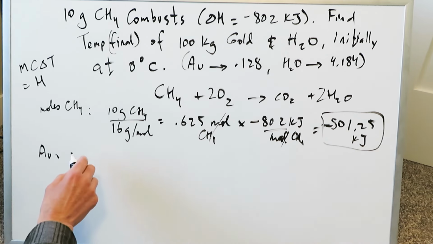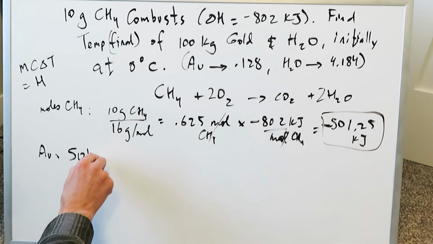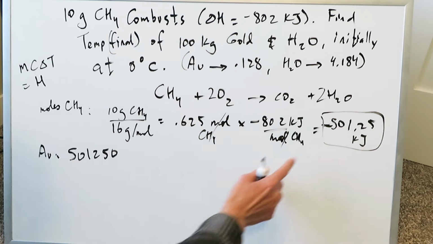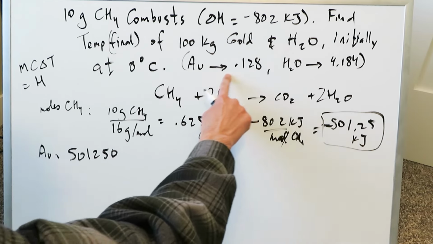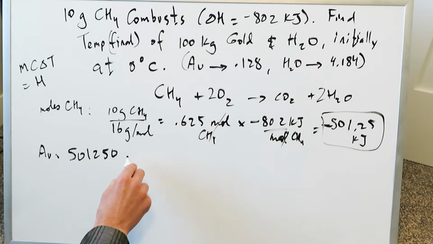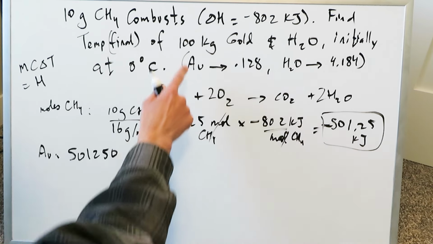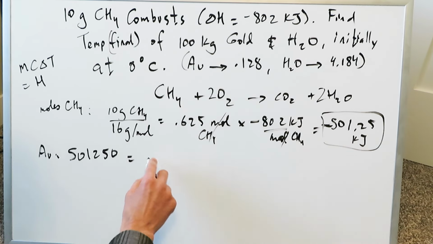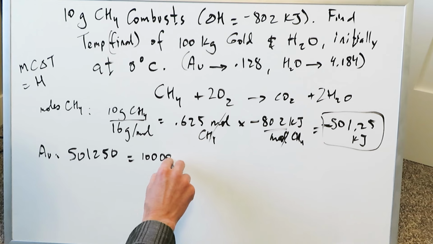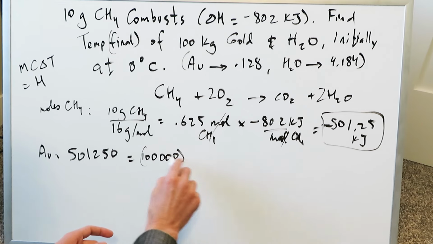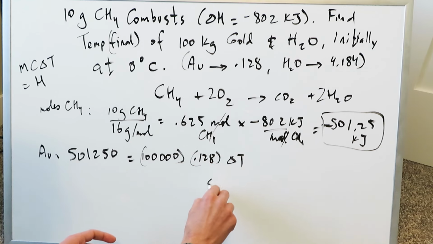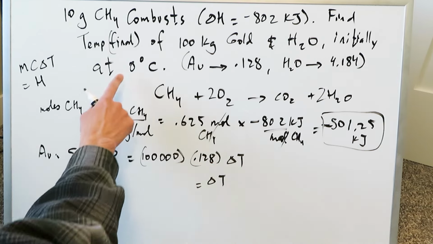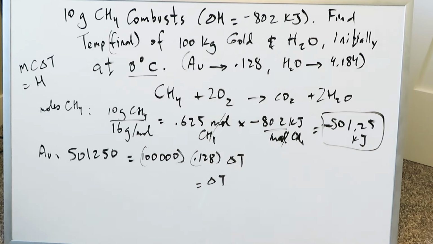You have to multiply that by 1000. 501.25 times 1000, because you have to convert kilojoules to joules, because the units of these are in joules, is equal to your mass. Here we have 100 kilograms, you have to convert that into grams. 100 times 1000 grams, 100,000 times 0.128 times delta T. We'll calculate here for delta T. Remember, they're all here at 0 degrees, so it's easy.